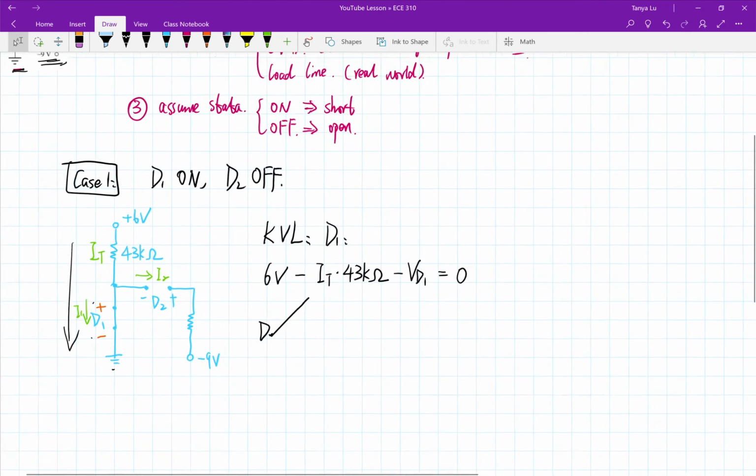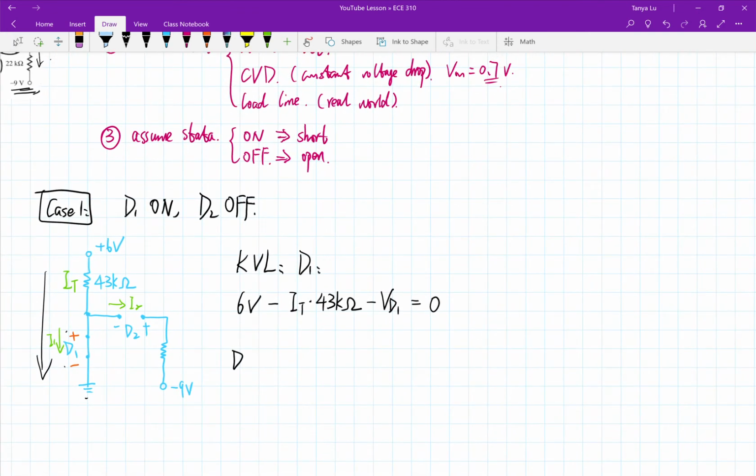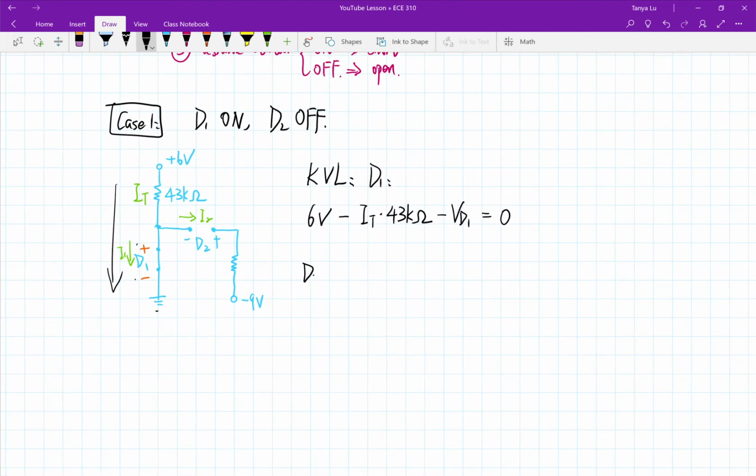Then for D2, same thing. We're gonna start with plus 6 volts, and then minus IT times 43 kilo ohms. Then we have open here, but we have to consider there is a voltage drop, VD2, since it's from minus to plus, so it's plus VD2.